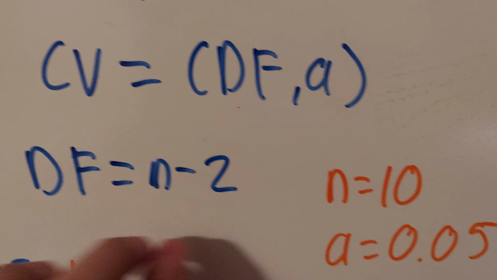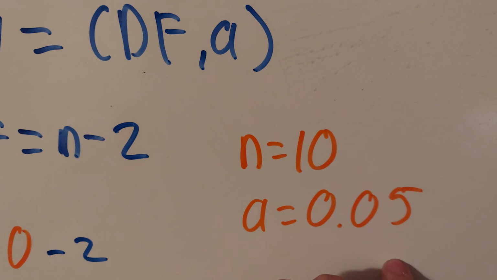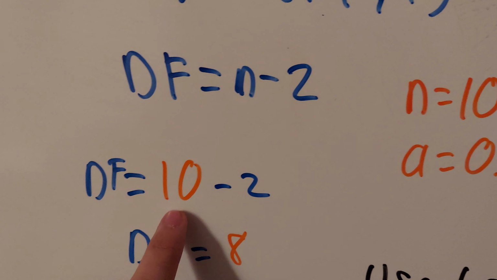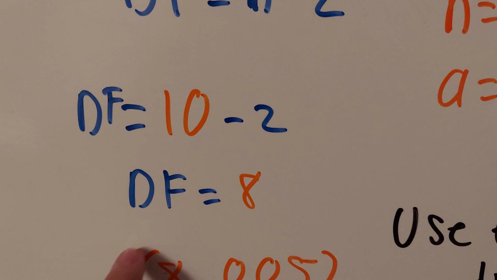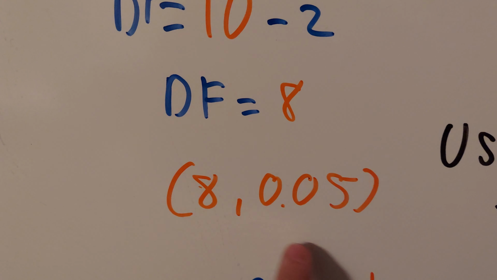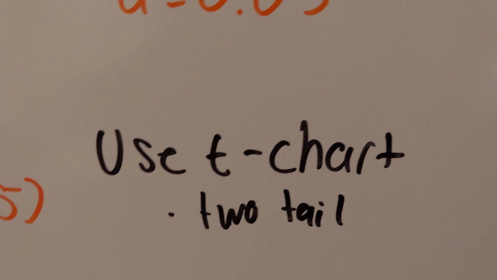All right, with that in mind, we have n equals 10 and alpha equals 0.05. So let's find degrees of freedom. There we go, we plugged in 10 for n, and we got degrees of freedom equals 8. And with that, we got 8, 0.05. Next thing we're going to be using is the chart, which is this right here. We're going to be using the two-tail.